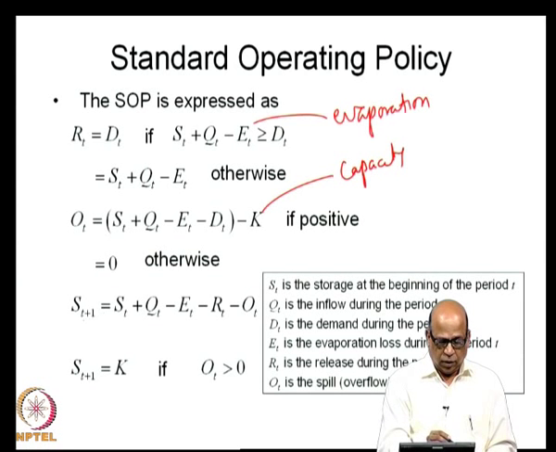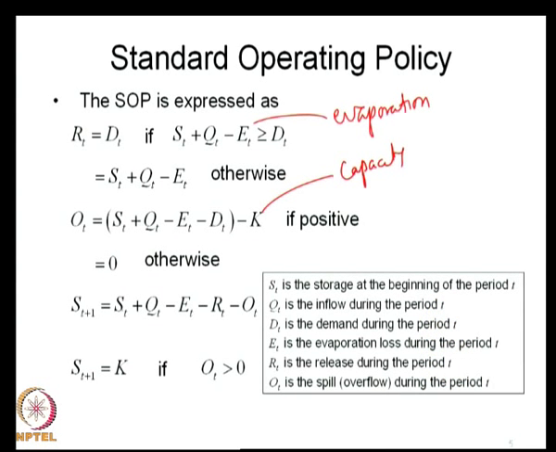Once we get O T, we get the storage at the end of the time period. S T plus 1 is equal to whatever we started with as storage at the beginning of the time period, plus the inflow during the time period, minus the evaporation that is going out of the reservoir, minus the release that you made, minus overflow. So, this is the algorithm which defines the standard operating policy.